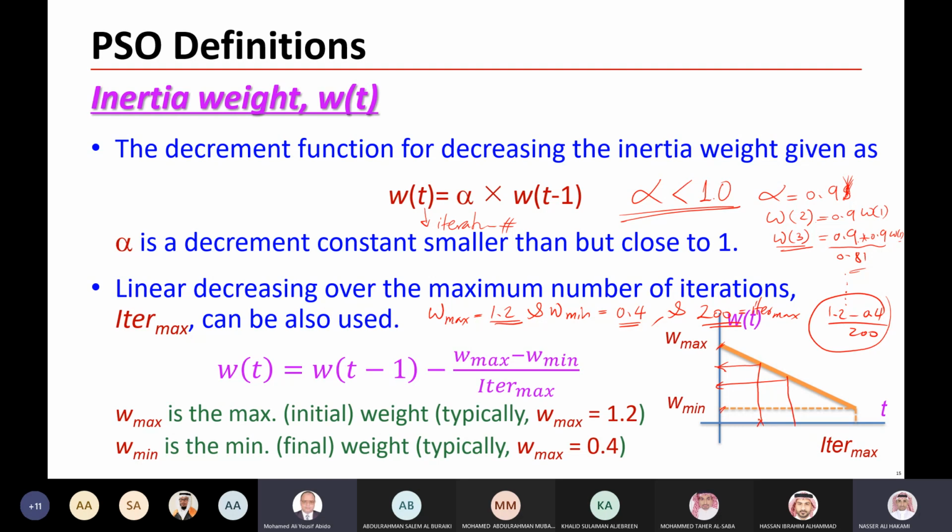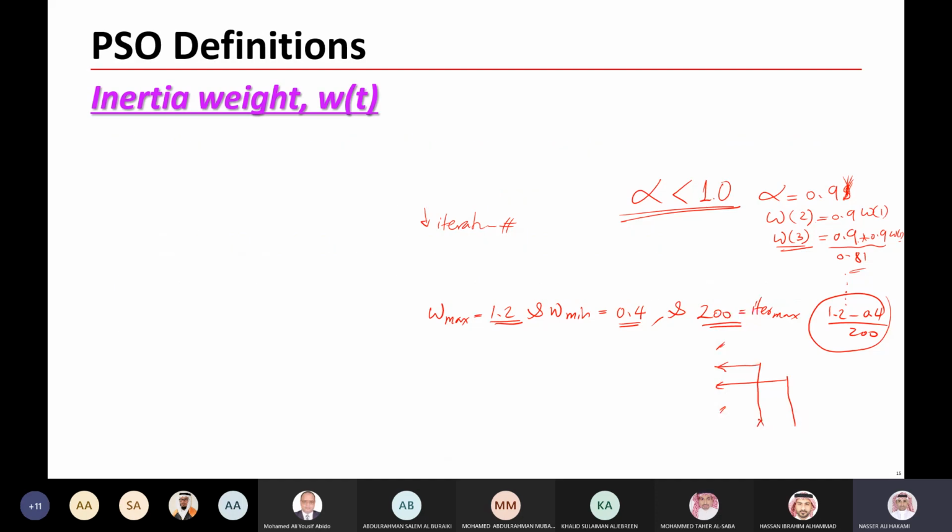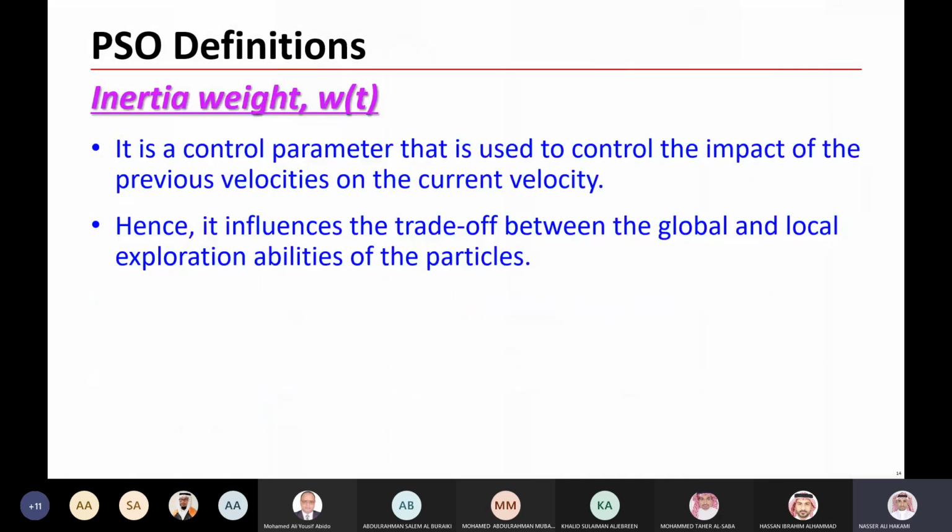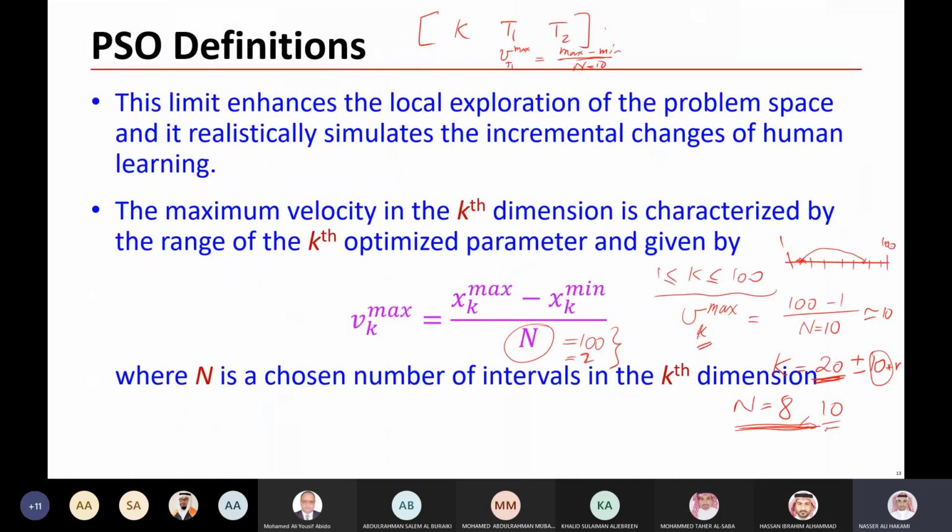Yes, go ahead, Nasser. As n goes small, for example 5, I'm increasing my steps, so my value will jump to a far position. So is it good that in the beginning we set it to 5, rather than 10, which is the optimal, or 8, and then after a couple of iterations I set it to where I got the most preferred place?